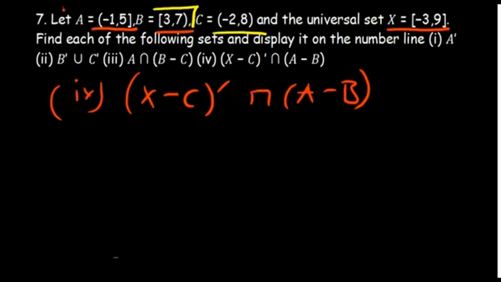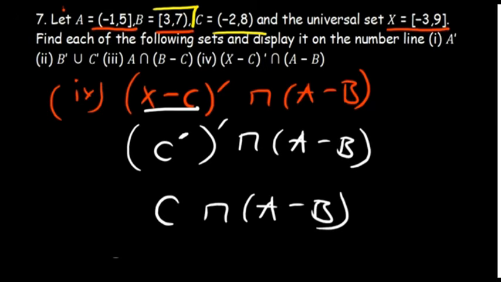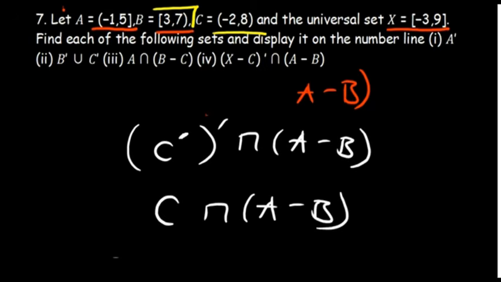So we're just going to have X minus C. We said any set being removed from the universal set is the complement of that set. That's what gets to remain. Then the complement just becomes C. So that is what we have now.